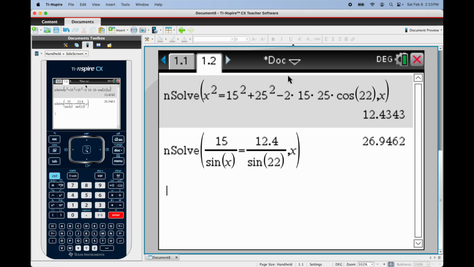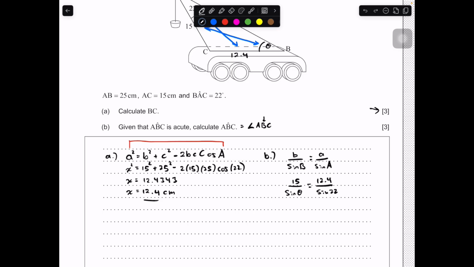Let's go back to the document for a sec. Therefore, theta is equal to 26.9462, or 26.9236 figs. And then let's put our degrees.